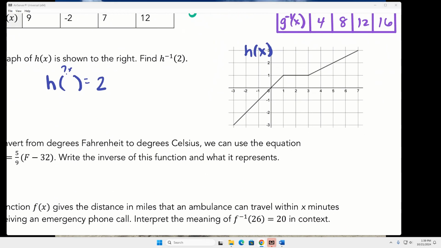If we're doing h inverse of 2, you're trying to figure out what x value is going to make the graph equal to 2. What do you guys think? Right here's 2. What x value makes it equal to 2? 5. So, whoops. h inverse of 2 is 5.